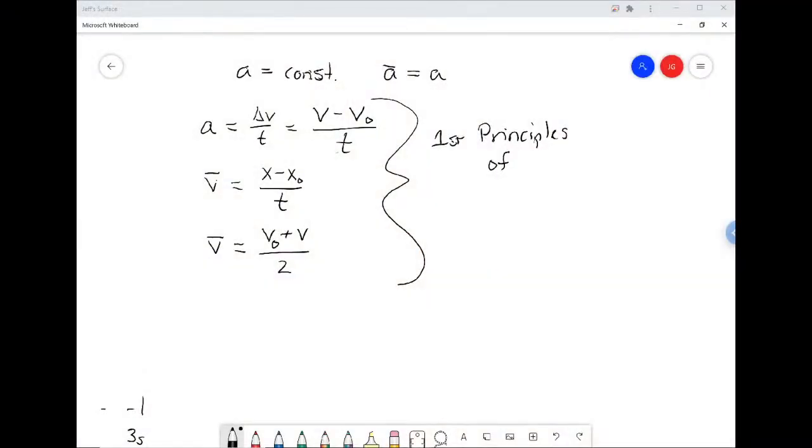The first principles of this area of physics is called kinematics. It's concerned with describing motion. So we can call these the first principles of kinematics. And then what we can do, and this is algebra, is take these 3 equations and combine them in a lot of different ways to come up with new equations.